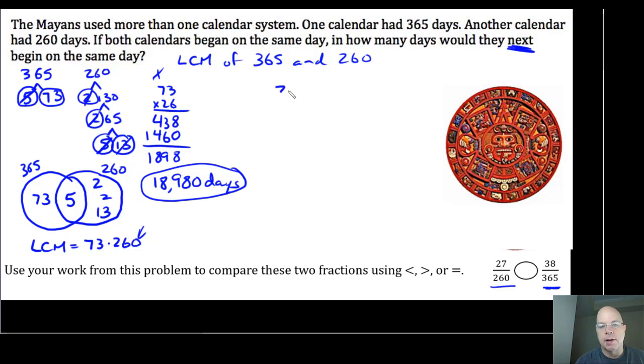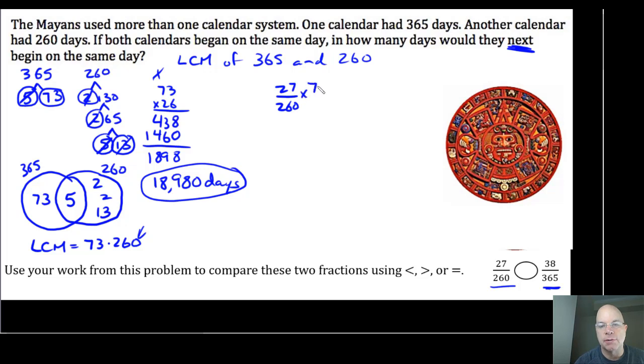And so if I want to convert these into the common denominator, which we now know would be 18,980, I need to multiply 260 by 73 to get that number. Your Venn diagram model will tell you that 260 multiplied by 73 gives you this LCM.